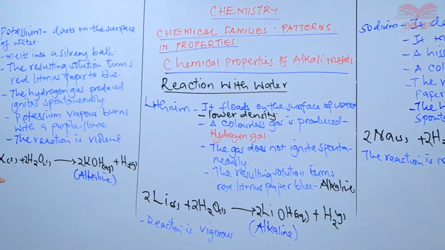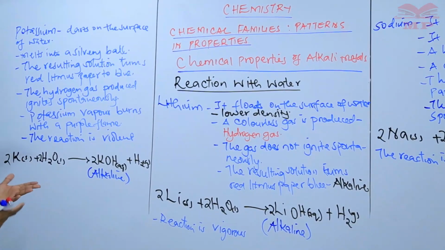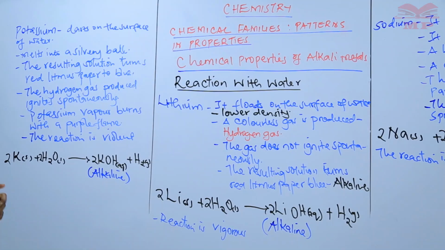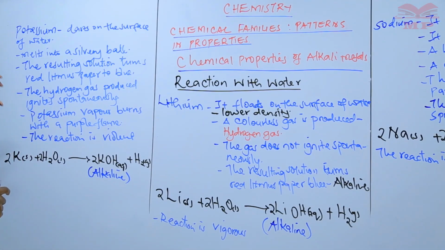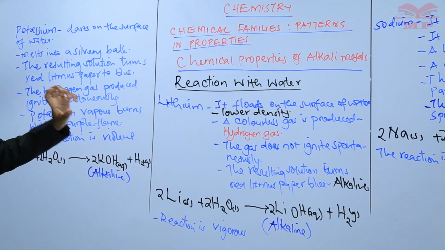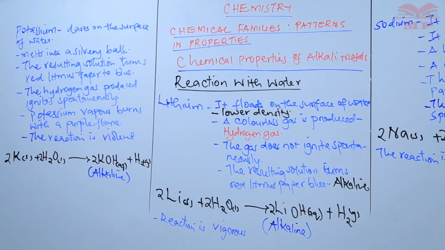Then potassium darts on the surface of water. When you place it, it does not sink, it floats on the surface, again to show it has a lower density. It melts into a silvery ball because again the reaction is exothermic, just like in sodium. The resulting solution turns red litmus paper to blue, again to show it is an alkaline solution.